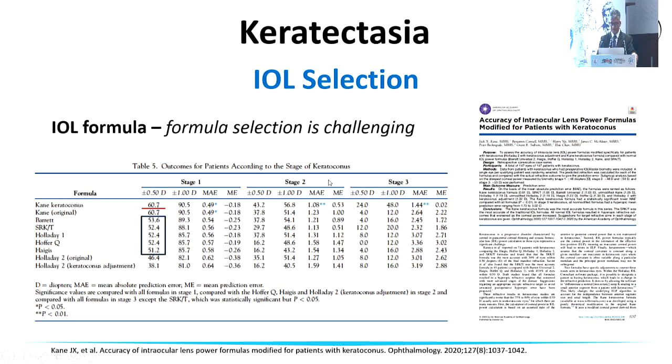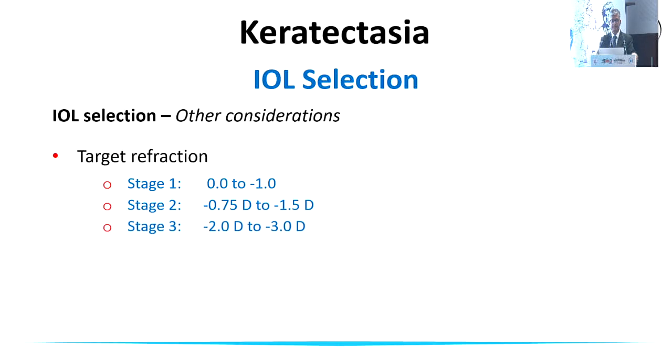Now the other thing that you have to keep in mind, while in stage 1 and stage 2 keratoconus, most of the formulae are very predictable. But when it comes to stage 3 keratoconus, the keratoconic formulae are best, or else you can use SRK/T. All other formulae give very poor refractive outcome. You must have a target refraction based on the severity of disease.